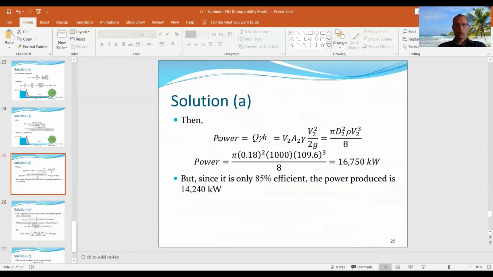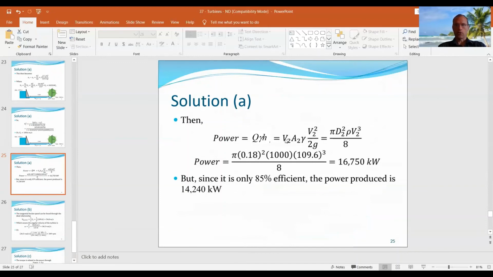Then define the power. Power is flow rate times gamma times head. So flow rate is V2 times A2. Gamma is just gamma. And then my head, again, I want everything to be converted into velocity. So I assume that everything was converted into this V2 squared over 2g velocity term.